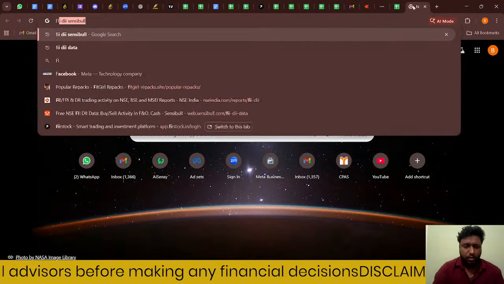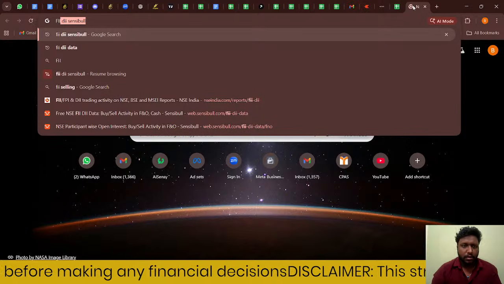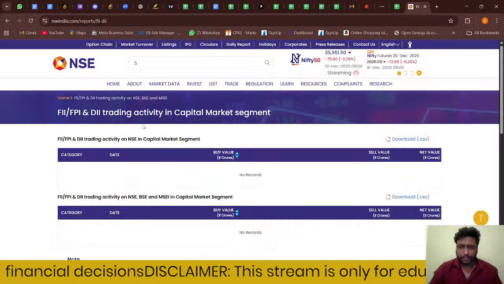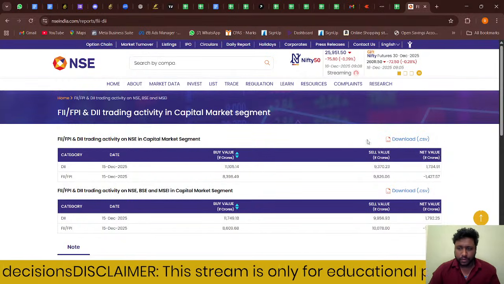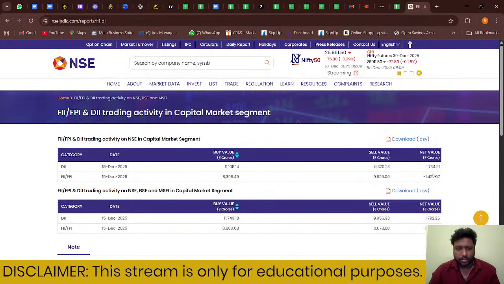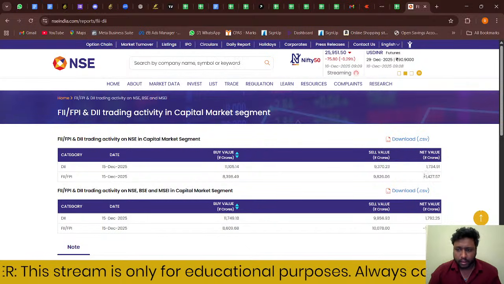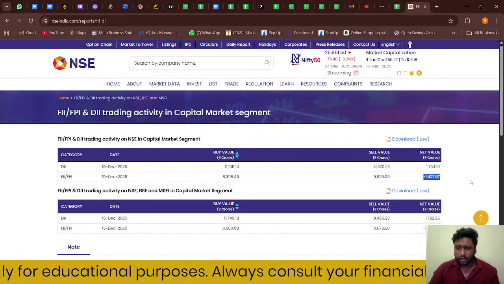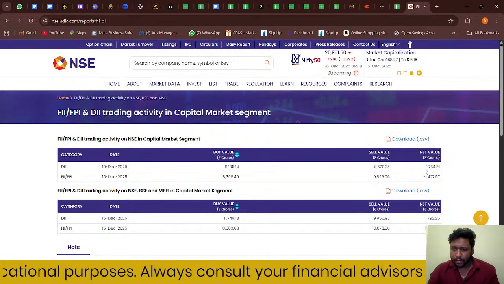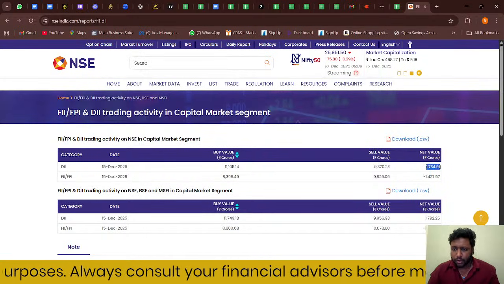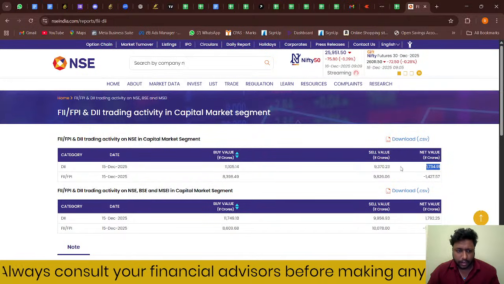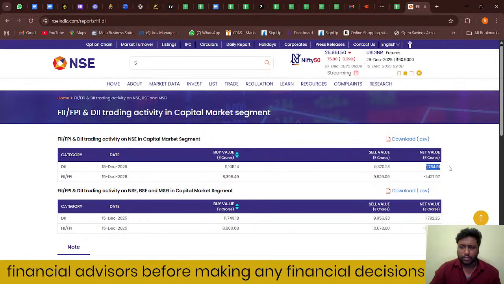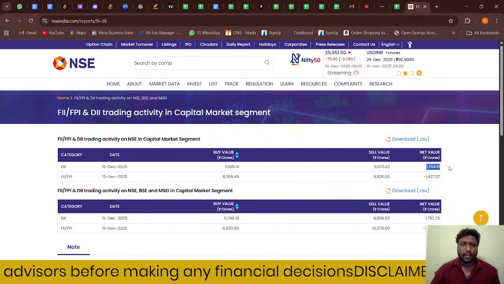So we will have a quick look at FII data. On the 15th, if you see, it is almost a similar trend continuing by FII. We can see that 1,400 crores of net value have been sold off by FII, and to support that, DII have added almost 1,750 crores into the cash market.